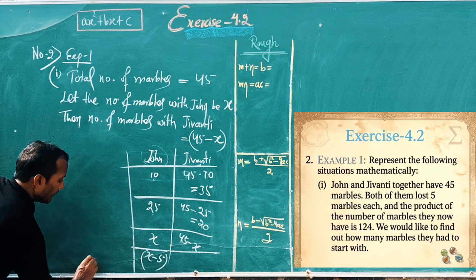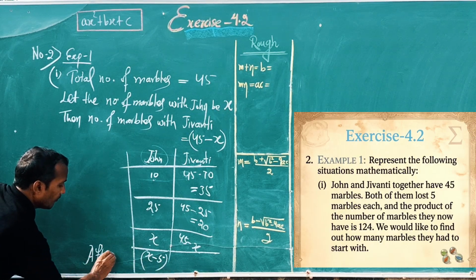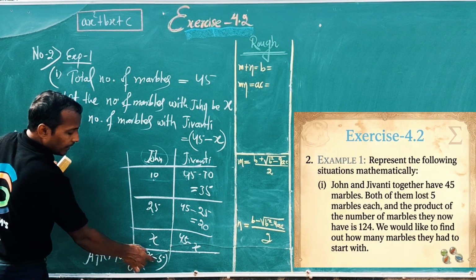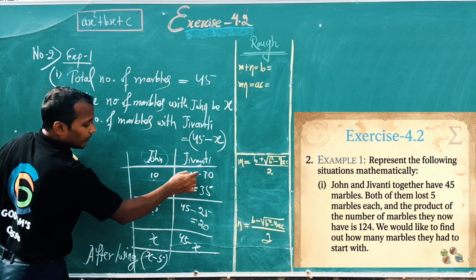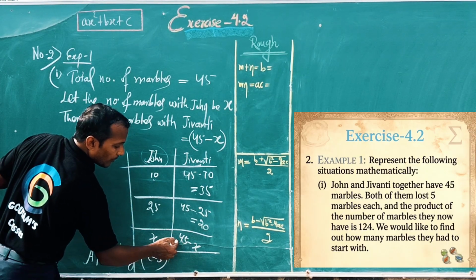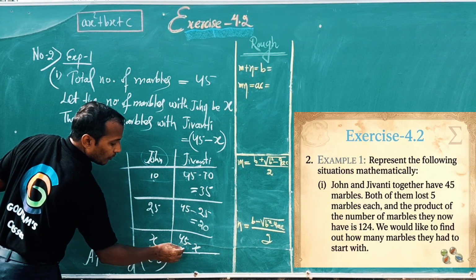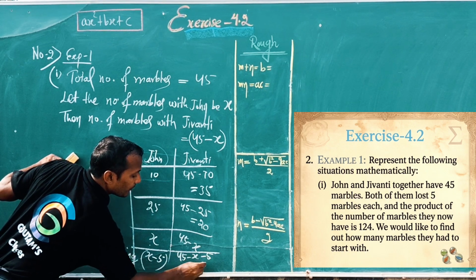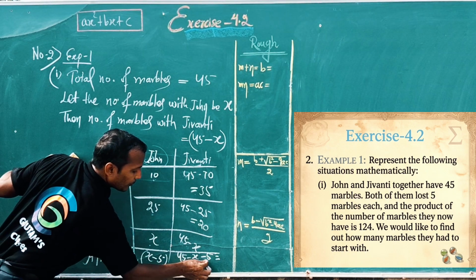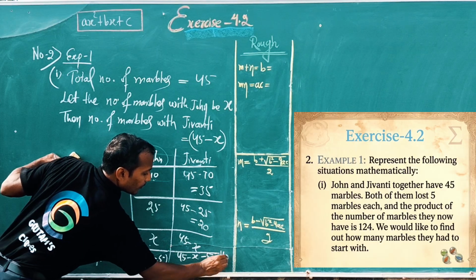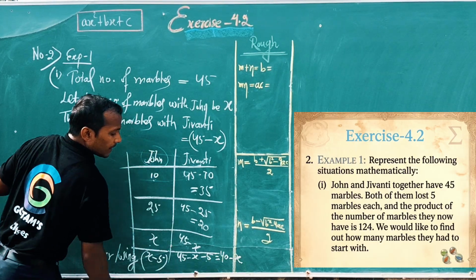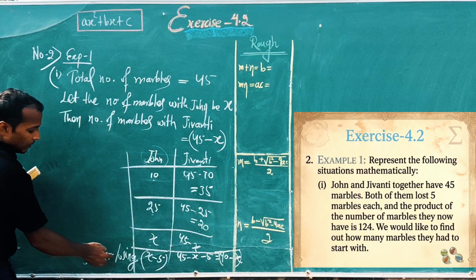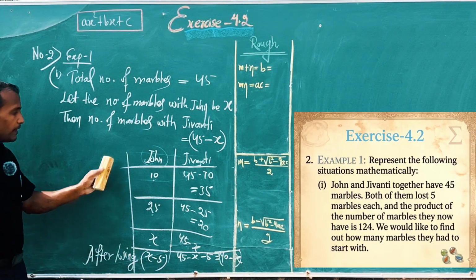After losing 5 marbles, John has x minus 5, and Jivanti has 5 less than 45 minus x, that means 45 minus x minus 5, which gives 45 minus 5 is 40, so 40 minus x. So now the number of marbles with Jivanti is 40 minus x and with John is x minus 5. We will mention that here.